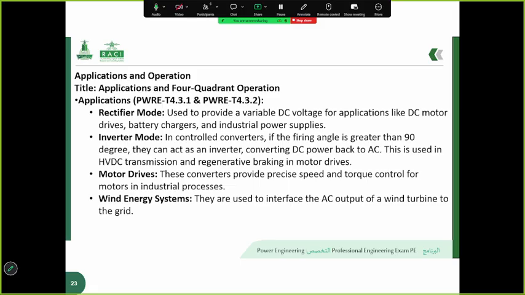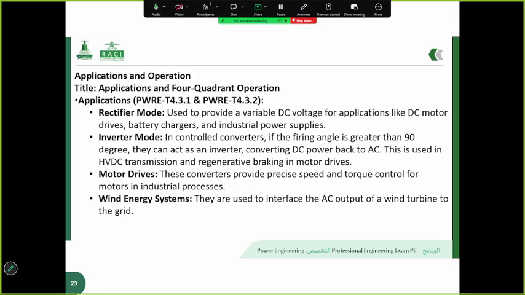This slide also introduces inverter mode, where controlled converters operate with a firing angle greater than 90 degrees. Under this condition, power flows from the DC side back to the AC system, allowing the converter to function as an inverter.